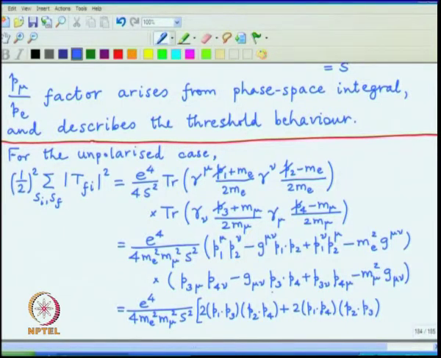So, there are terms which behave like p1 dot p2 multiplied by p3 dot p4, and it is the plus relative sign and not a product.